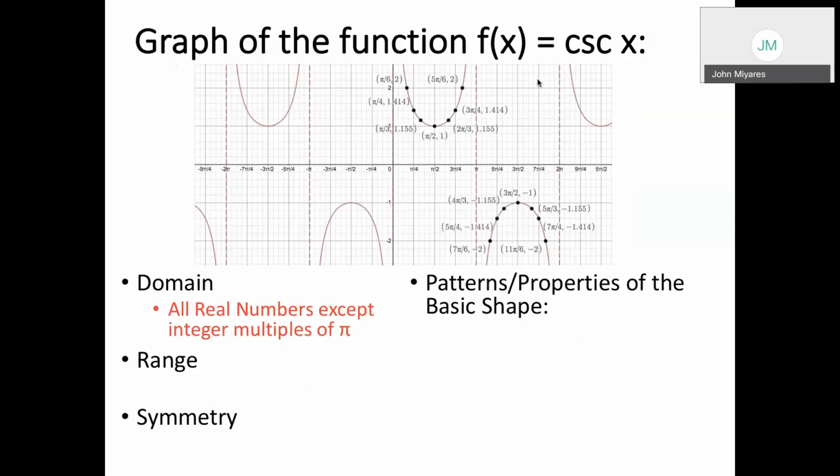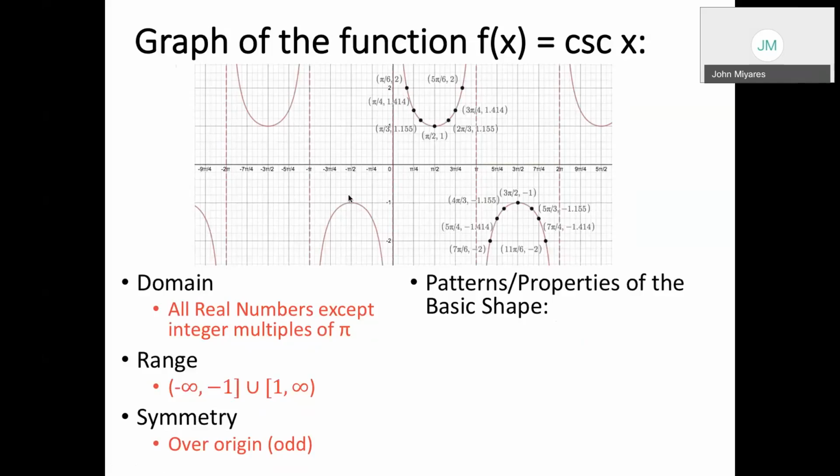The range, like secant, will be all real numbers except those between -1 and 1. Looking at symmetry, this function, like the sine function, will be odd, as any point xy on our graph up here will be mirrored through the origin down here with the point negative x, negative y.